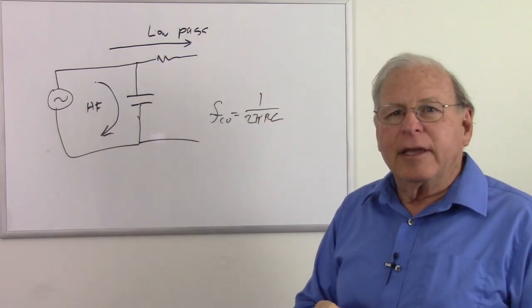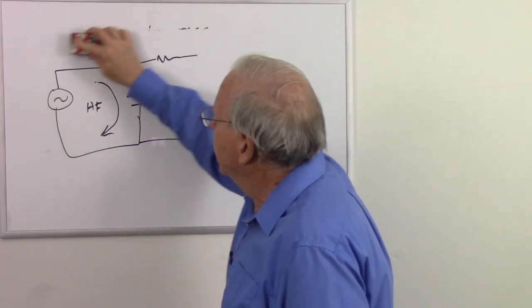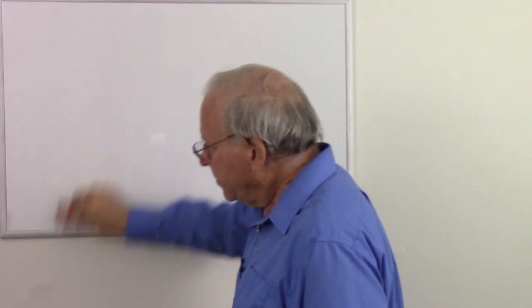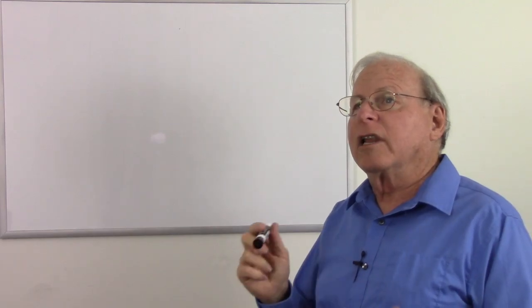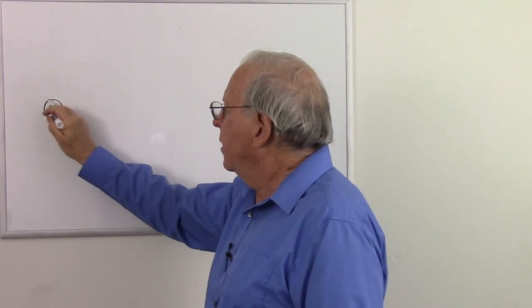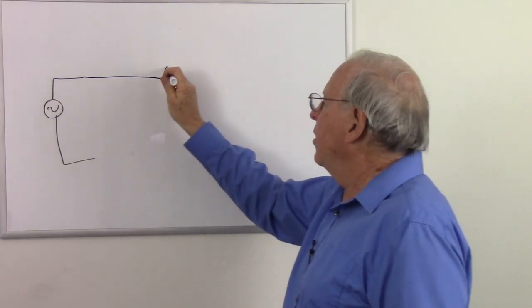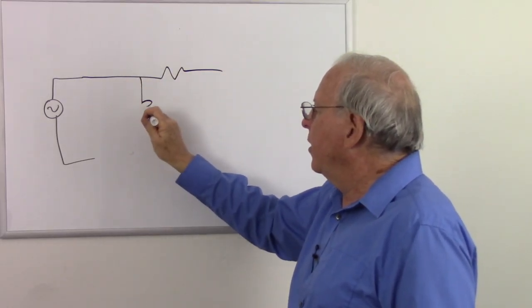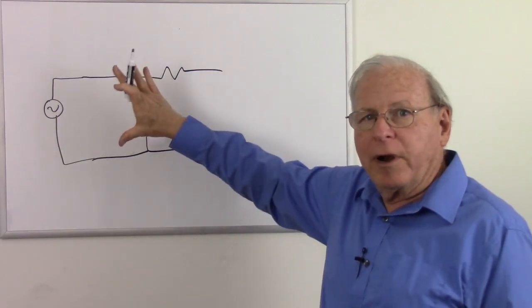Now, what about an inductor? Well, everything works about the same. I don't need to say too much about it, except inductors tend to block high frequencies and allow low frequencies. So let's make that circuit with an inductor. Let's put our resistor here, our inductor here. So the inductor is now parallel to the signal.